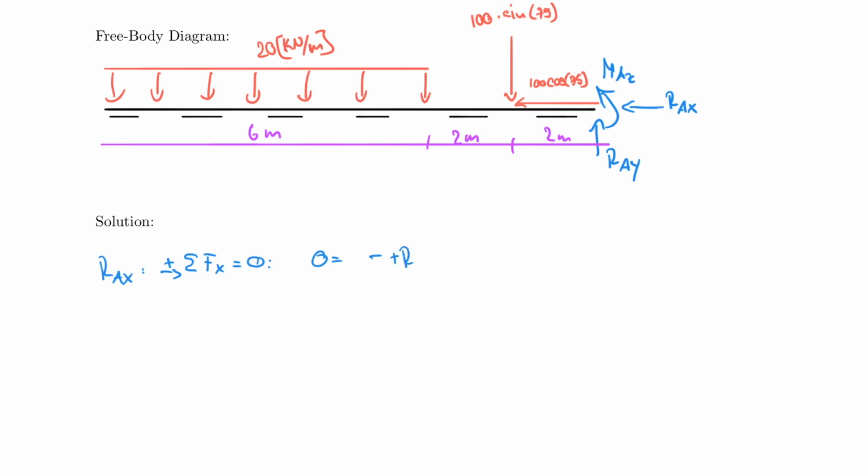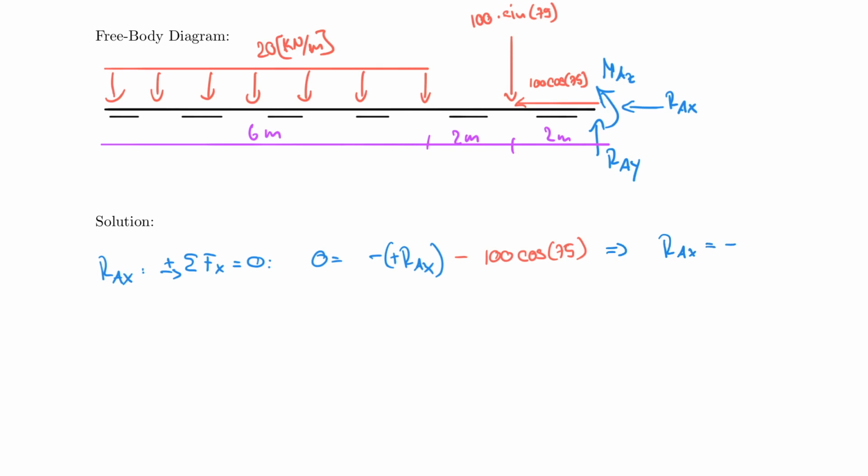So minus positive RAX. And then minus, and this is really a minus, right? Minus 100 times cosine 75.